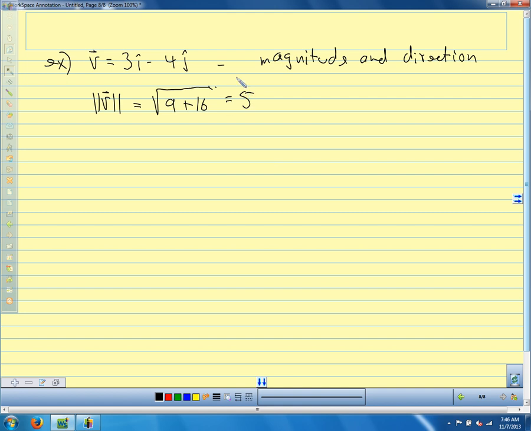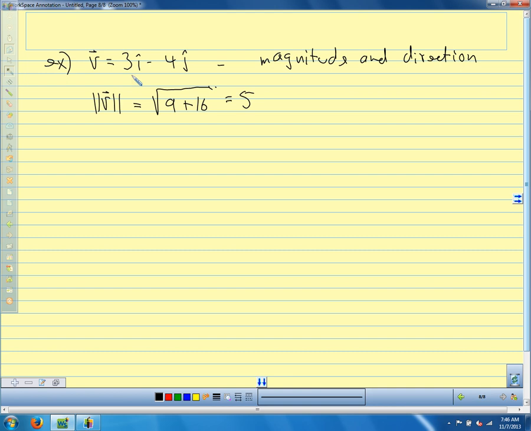Magnitude would be 5. How would we find the direction? How would we find the angle, a direction angle for this vector? Any ideas? Tangent.